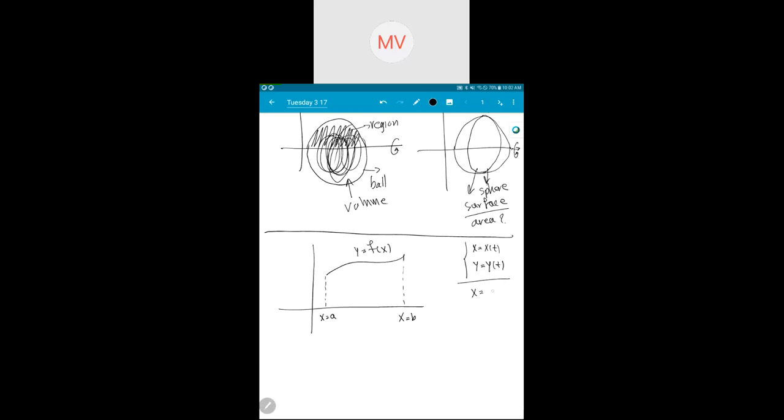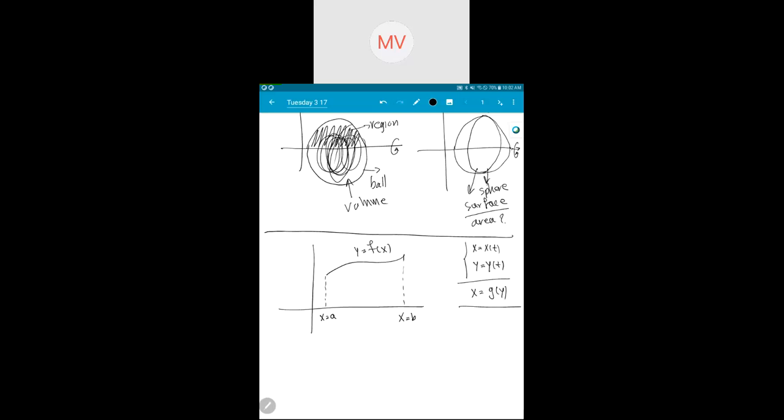Or we could have a case when x is equal to g of y. So we can talk about all three cases. In fact, if you talk about two, then the other one falls automatically.